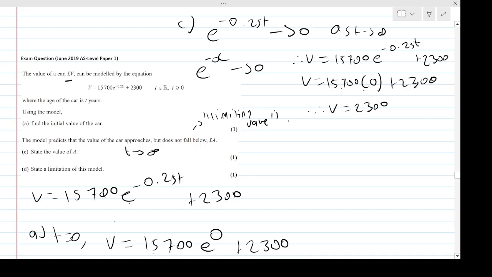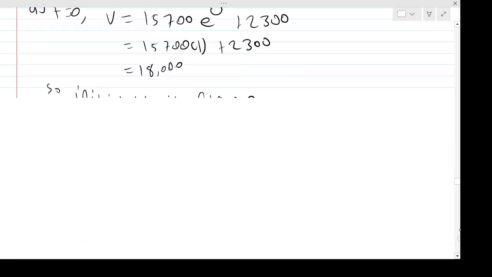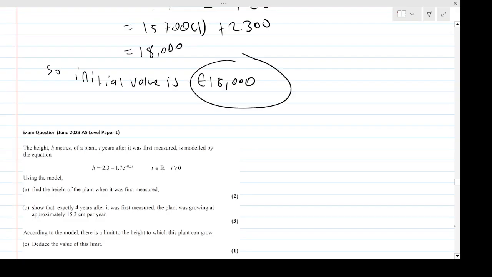So that is my limiting value. That is sort of like the lowest value. That is A. So A is this value here, because initially, at the start, the value is £18,000.